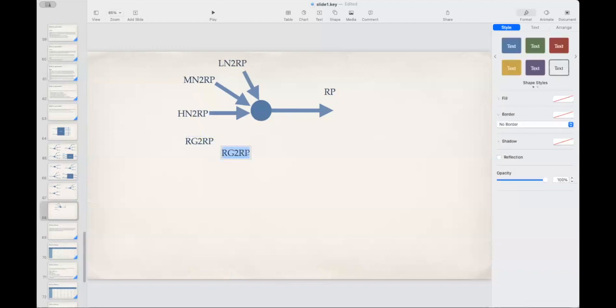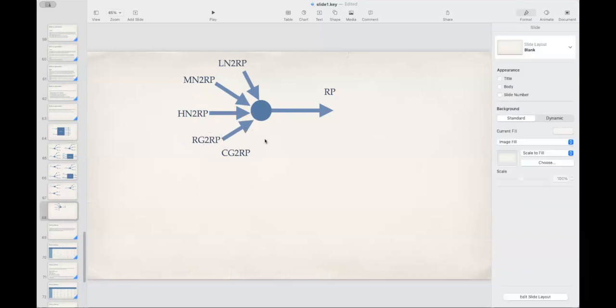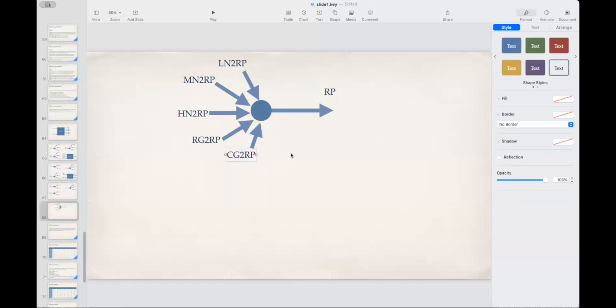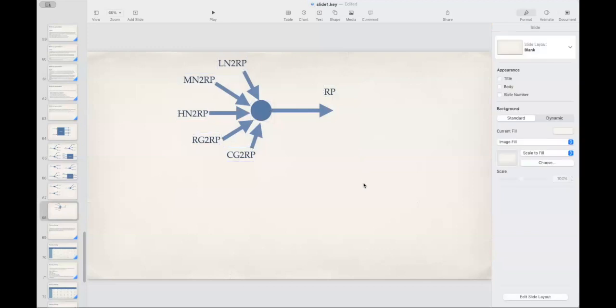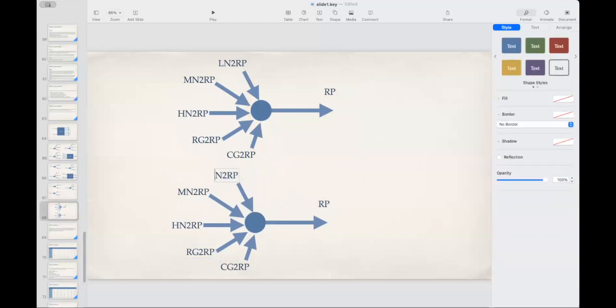CG. Premium petrol also follows the same idea, same system here, but we change everything to PP.